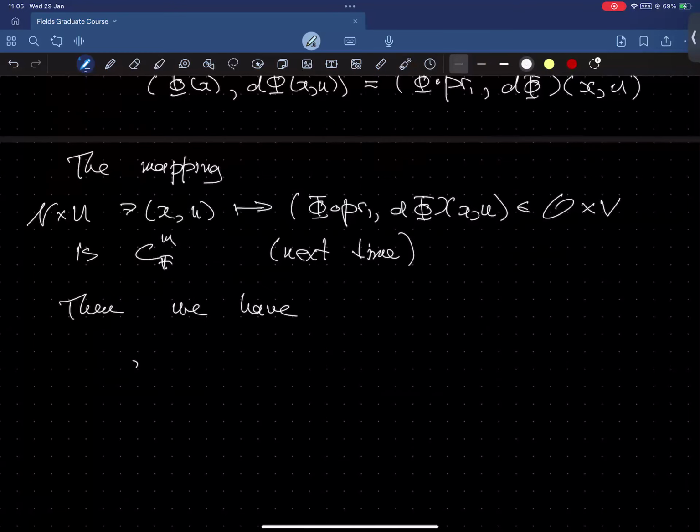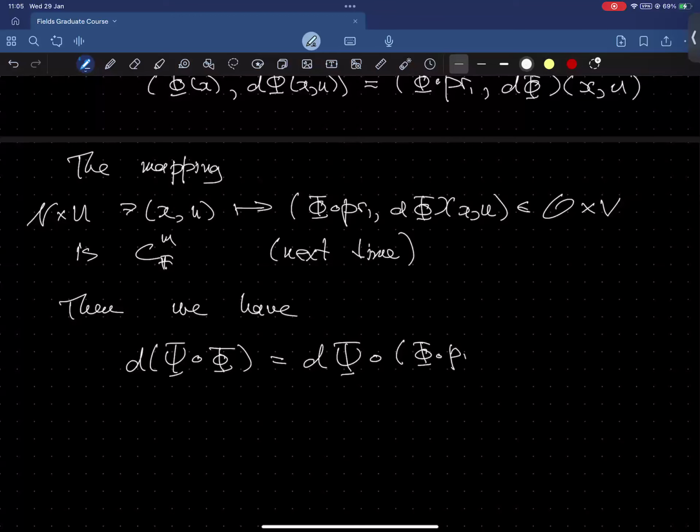So d psi composed with d phi is of class CM by the induction hypothesis.